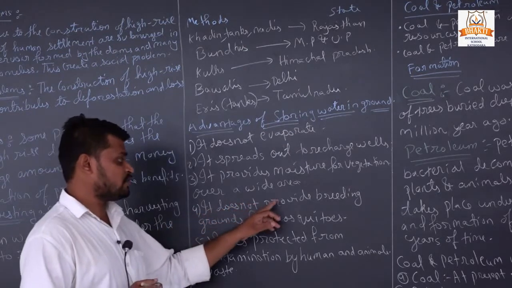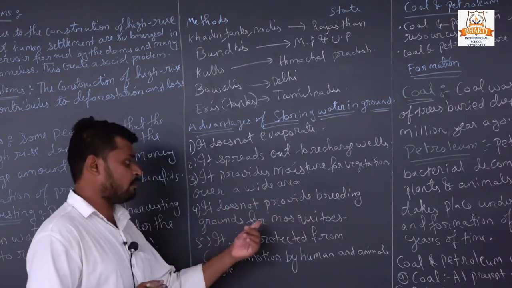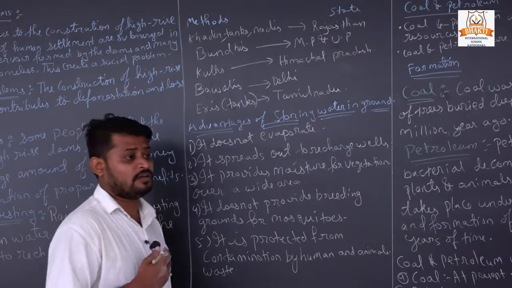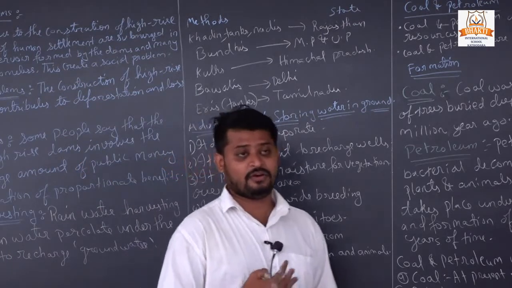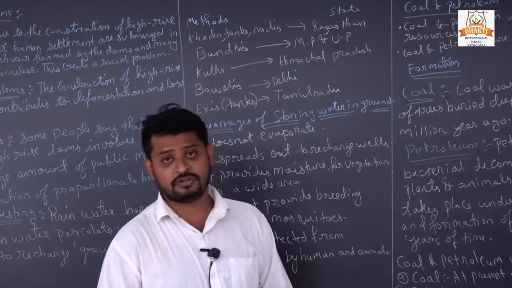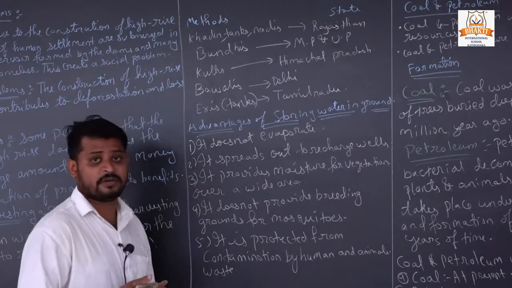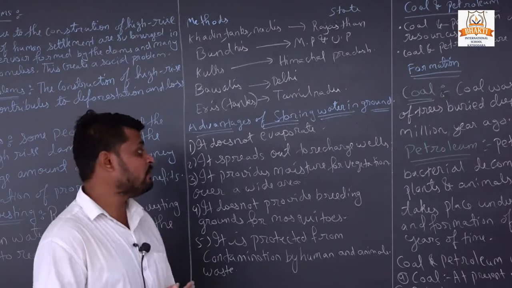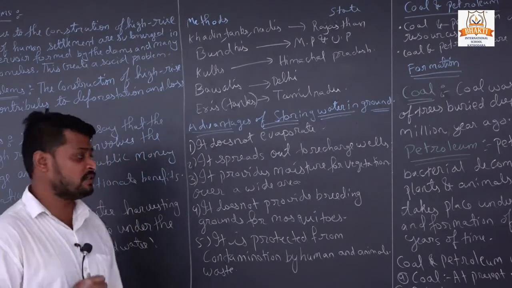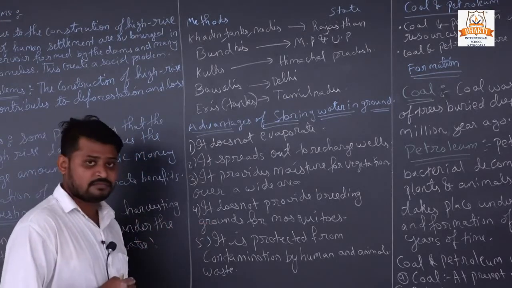It does not provide a breeding ground for mosquitoes. If the water is on the surface, then we all know mosquitoes will breed there, and they spread many deadly diseases. But if the water is underground, they are not able to breed.